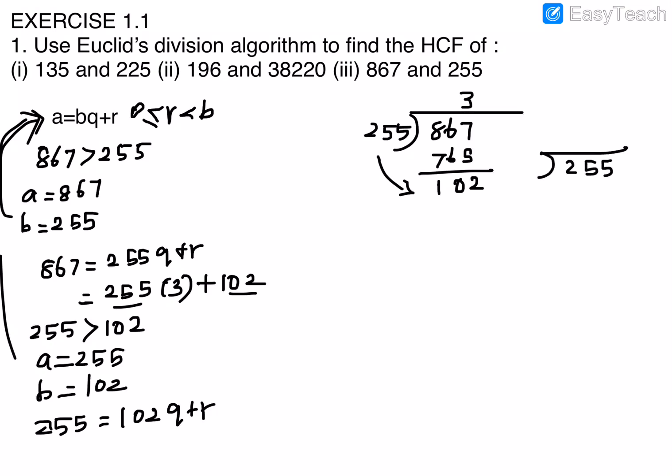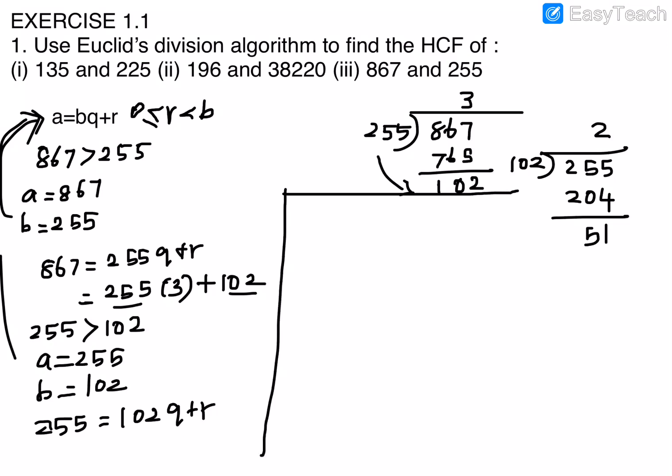So 255 inside as a dividend, 102 as a divisor. Here we have 102 twos are 204. So the remainder is 51. Let's substitute.